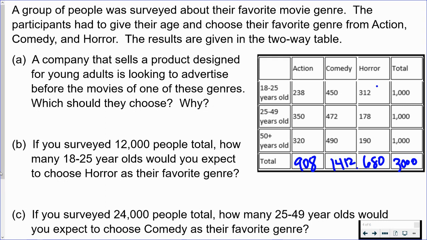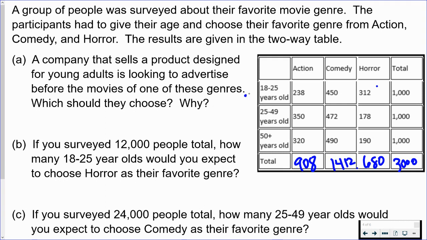Okay, so now let's start trying to answer some questions. A company that sells a product designed for young adults is looking to advertise before the movies of one of these genres. Which should they choose and why? Okay, so what I would take a look at is we're talking about young adults. So those would be the ones that are just newly adults. That'd be 18 to 25-year-olds.